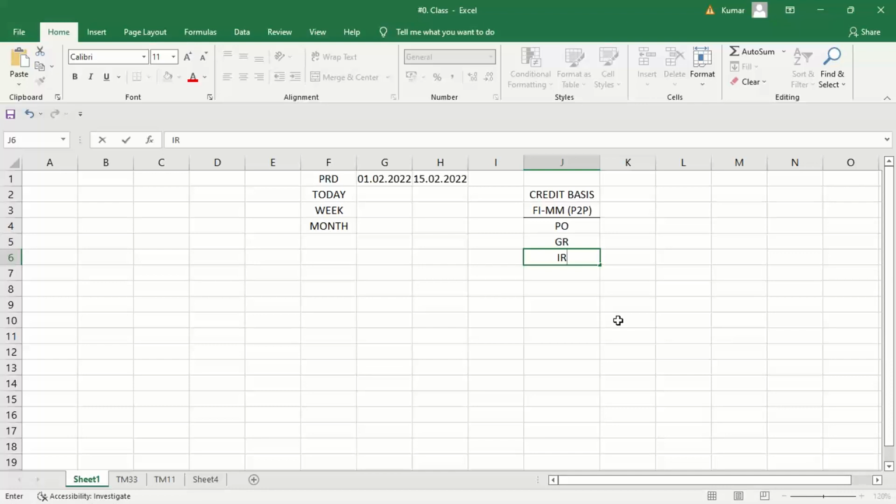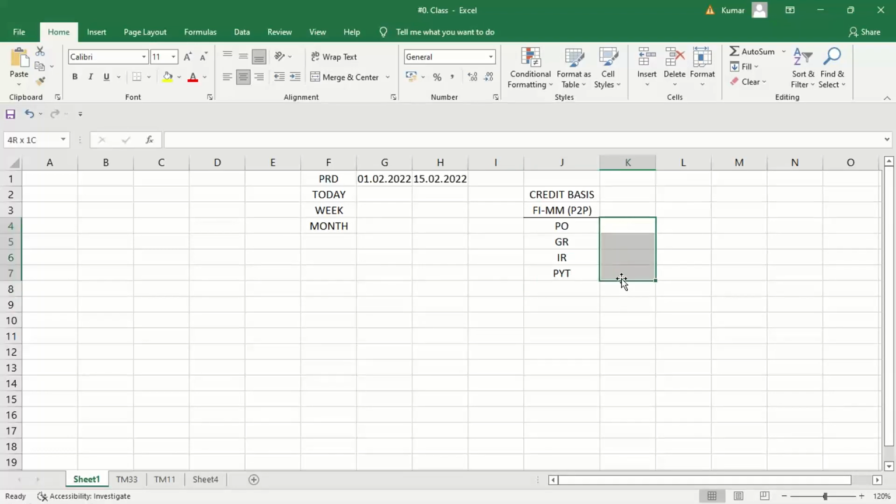Right now I'm just giving a brief, small example of this. Once we have received the goods and the invoice, then what will happen? Finally, payment will take place, right? Generally, from the invoice, there will be some differences.